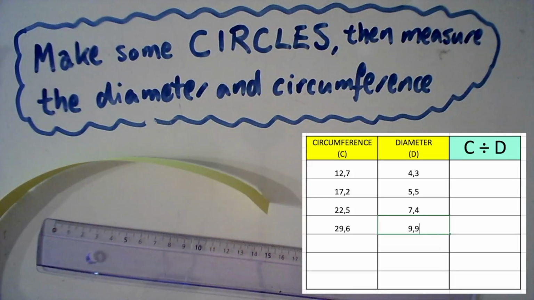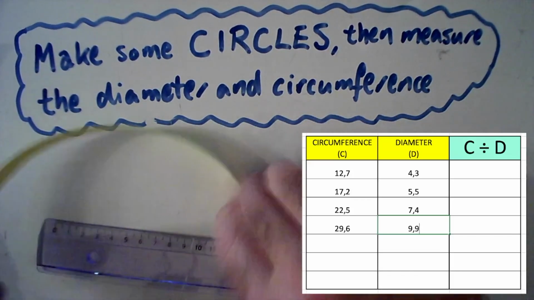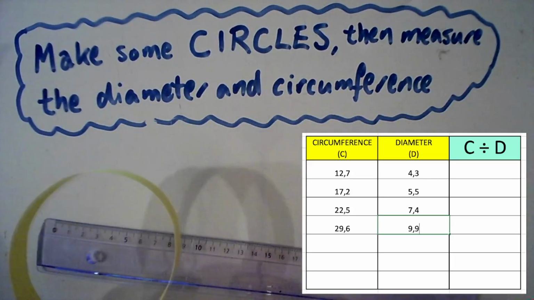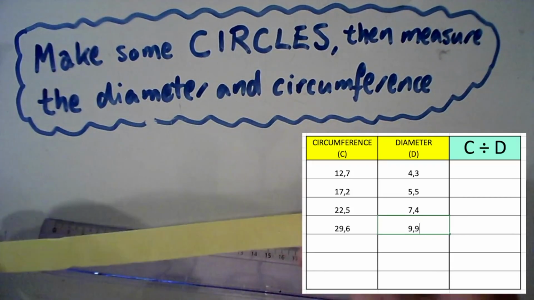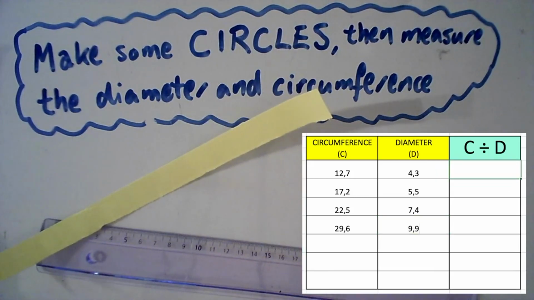But I'm going to do circumference divided by diameter. So I'm going to see each time how many times the circumference is bigger than the diameter. So just do a little spreadsheet formula here. That one there is going to equal that one divided by that one. Okay, so about 2.95 for that. Let's do the same thing again.